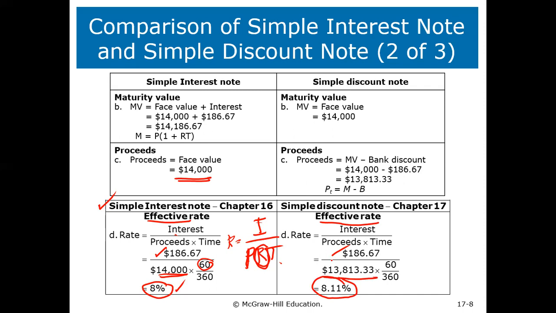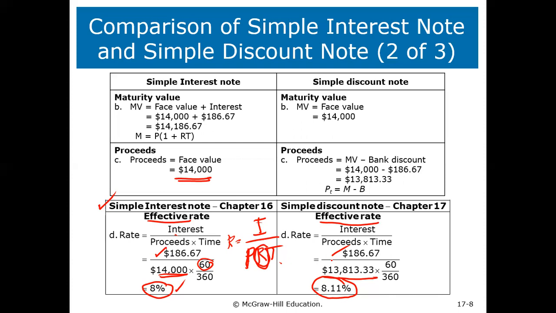So lenders, in this case, for example the bank, would want to discount. They prefer discounting the amount that's being lent. Why? Because the effective rate is actually higher. They're earning an effective rate of 8.11%, as compared to a simple interest note, where the effective rate is 8%.